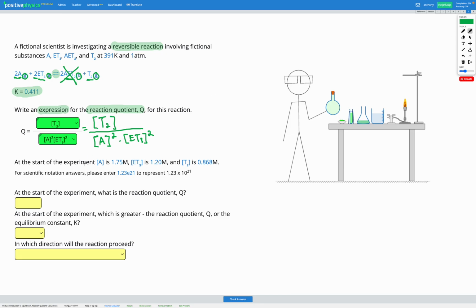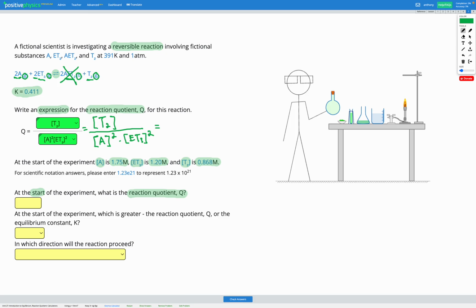We're then told at the start of the experiment the concentration of A is 1.75 molar, the concentration of ET3 is 1.20 molar, and the concentration of T2 is 0.868 molar. So we need to go ahead and calculate at the start of the experiment what is the reaction quotient Q. So we're just going to put in all our concentrations from the start of the experiment into our equation.